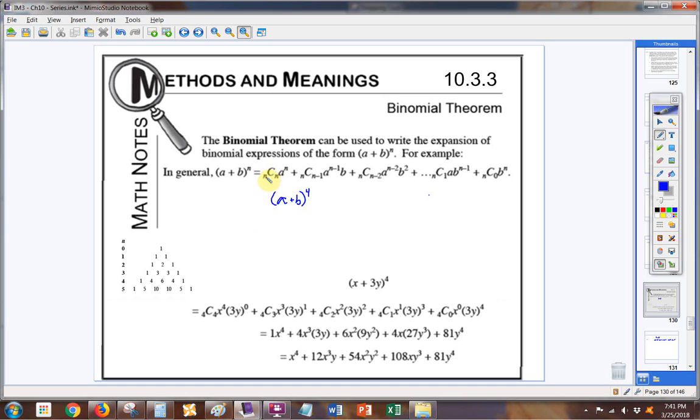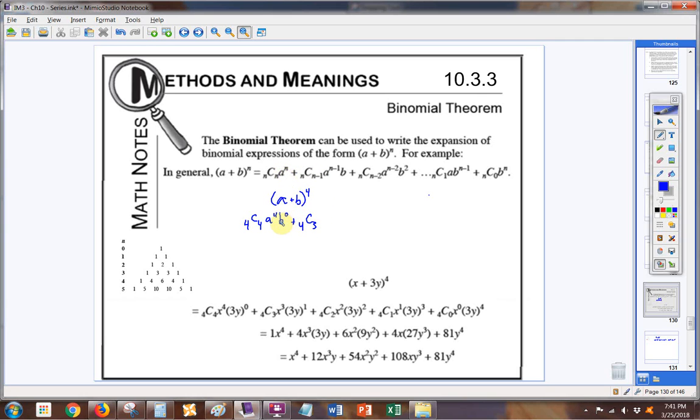So this is going to equal 4C4 times a to the n, which is a to the fourth. And they don't write this, but I like to write in b to the 0. We'll see why in a second. The next one is going to be nC(n-1), so it's going to be 4C3.